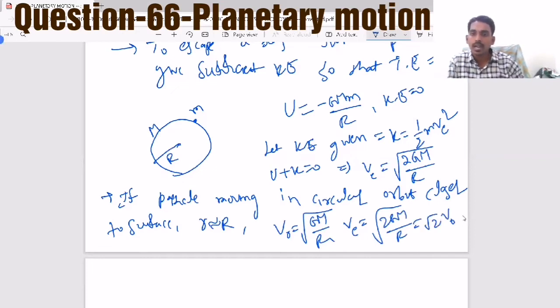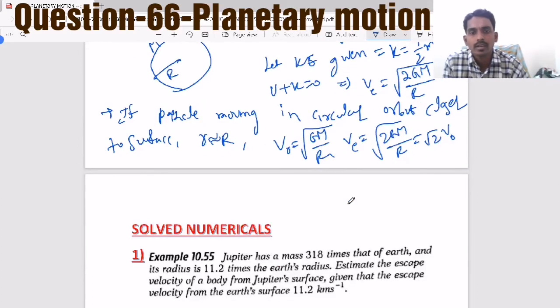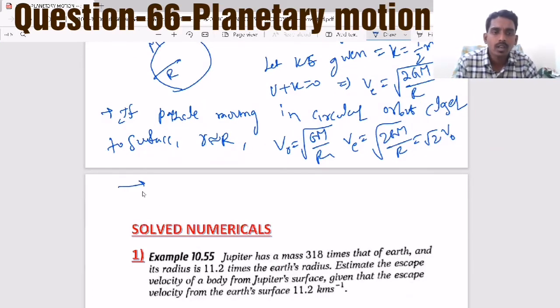But this is the condition when the height of the particle is very small. It is moving in a circular orbit of less height, meaning the path radius is almost equal to the radius of the planet. In that case, you can take a relation between orbital and escape velocity.